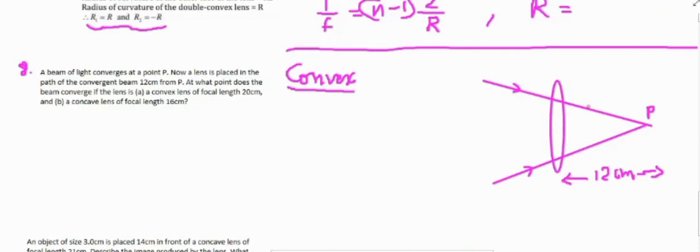In that convergent beam only, you have placed a convex lens now. You know a convex lens is a converging lens. Therefore, what happens? The beam will converge earlier, like this.